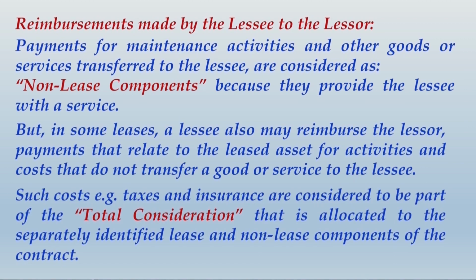Such costs, for example taxes and insurance, are considered to be part of the total consideration that is allocated to separately identified lease and non-lease components of the contract. So friends, please write up this whole thing and then we shall move ahead.